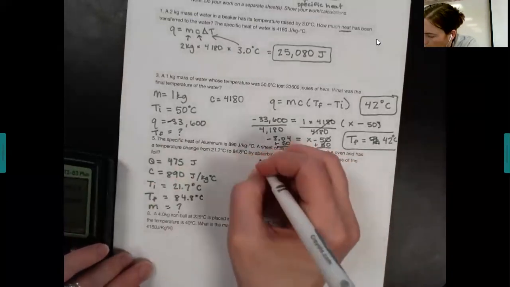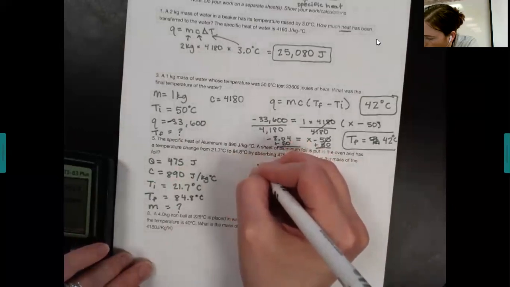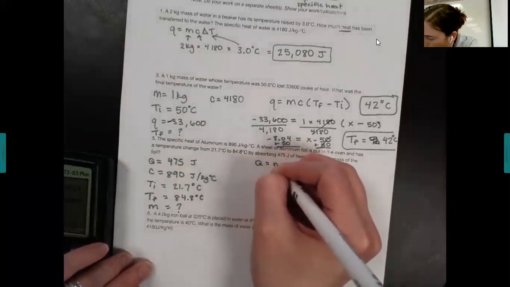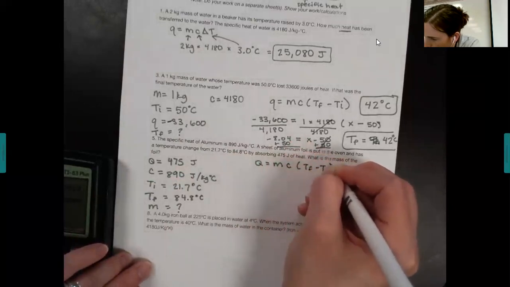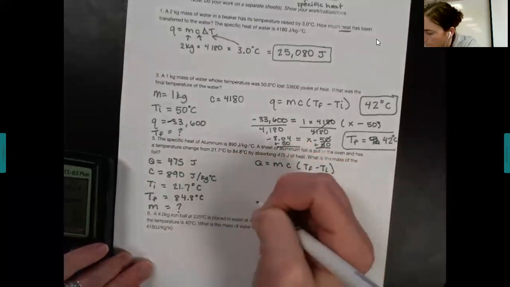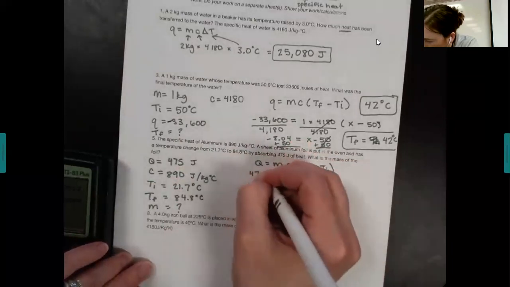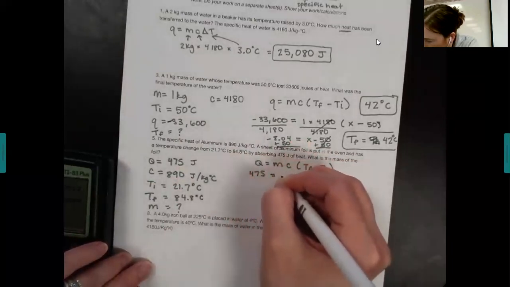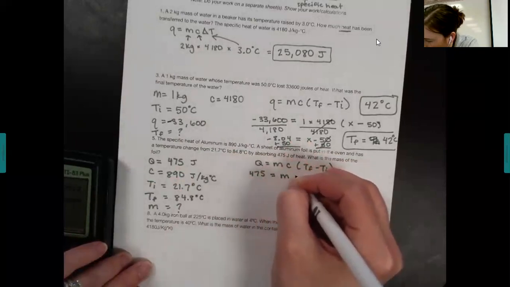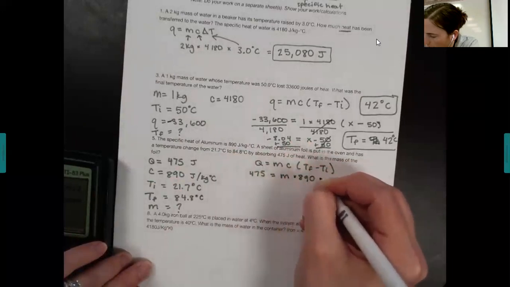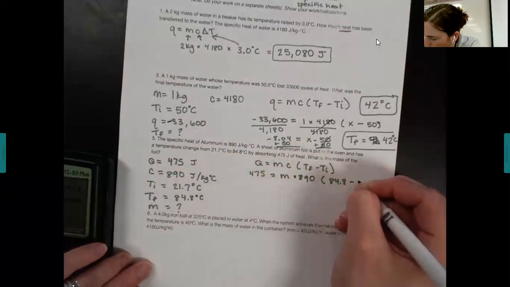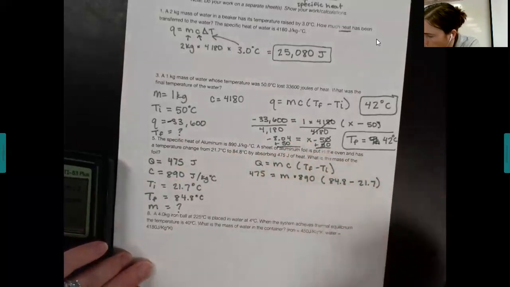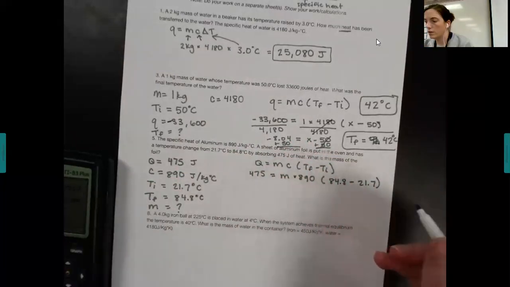Okay, so when I plug this into the problem, 475 is equal to M, because that's what we're looking for, times 890 times the change of temperature. So final, which is 84.8 minus 21.7. And we go from there.